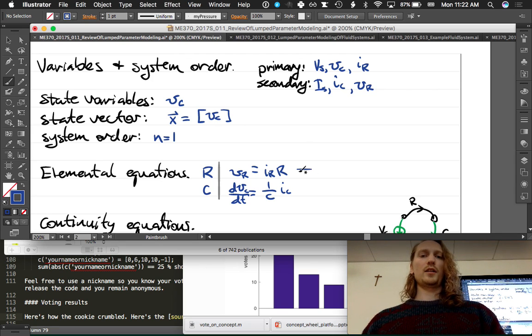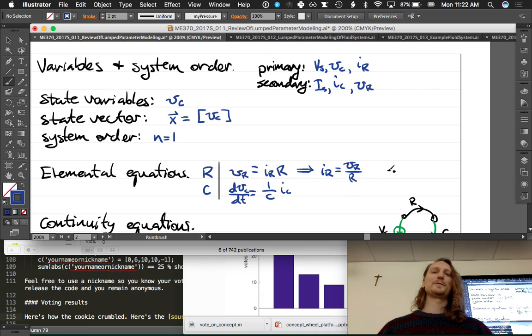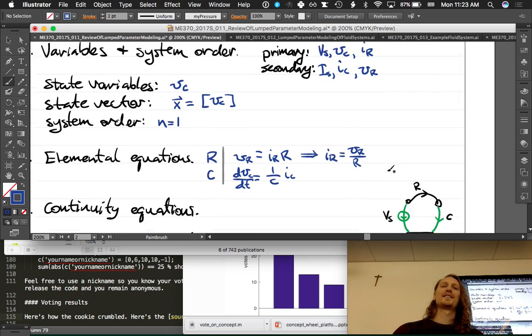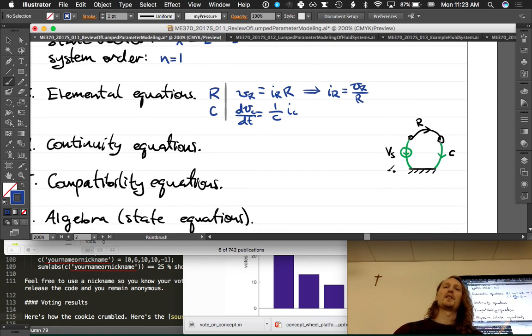You caught me. Testing you. Okay, so there we are. So they're all solved for their primary variables. That is correct. The elemental equations should always be solved for the primary variables on the left-hand side. Continuity and compatibility should be solved for the secondary variables on the left-hand side.